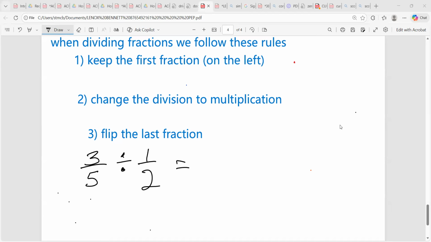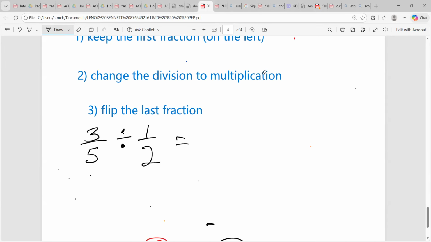Go ahead, Deandra. So first, what we're going to do is keep the fraction on the left, and then we're going to change from division to multiplication. So it would be 3 over 5 multiplied by 2 over 1. So first, we're going to do 3 multiplied by 2, which is 6.